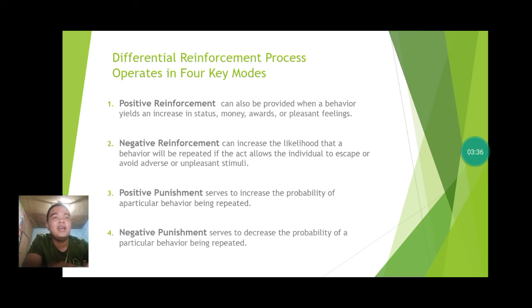In this case the stimulus, the toy, is removed to reduce the behavior. So those are the meanings and explanations of positive reinforcement, negative reinforcement, positive punishment, and negative punishment.